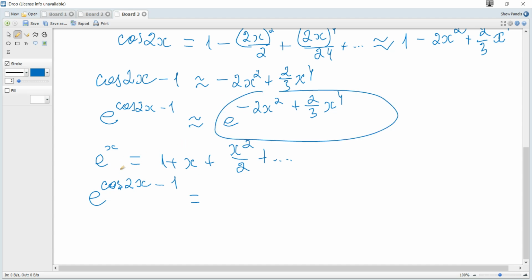You can see that it is e to some power, and you should consider this expression as x, and substitute this for x into this expansion.